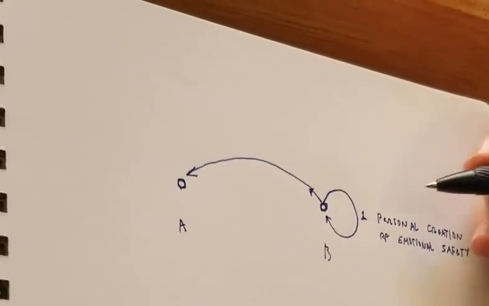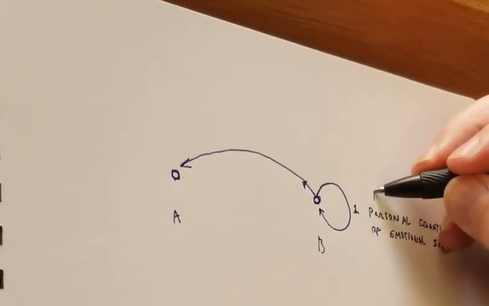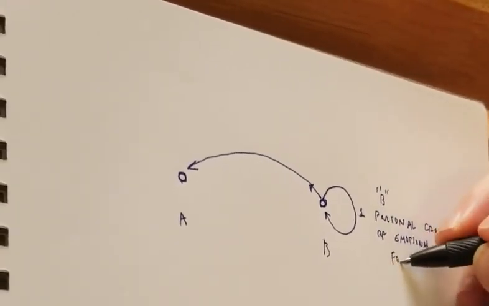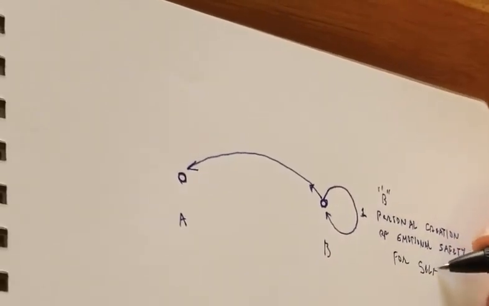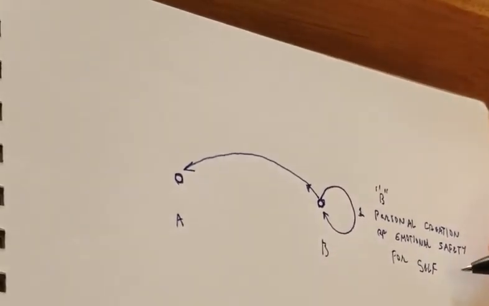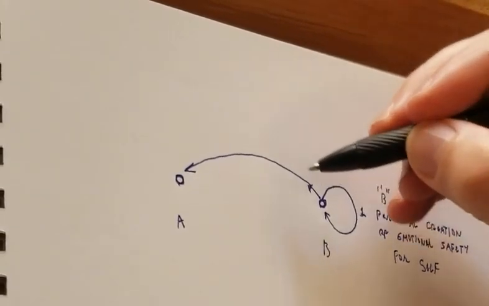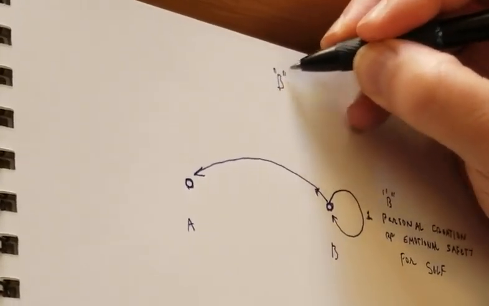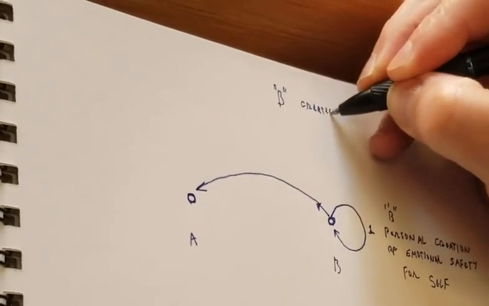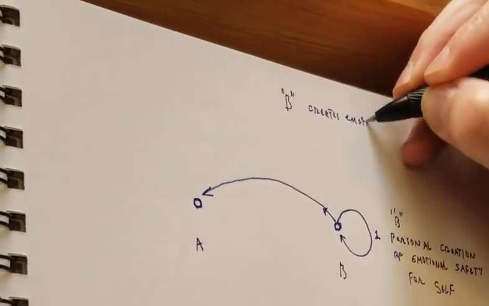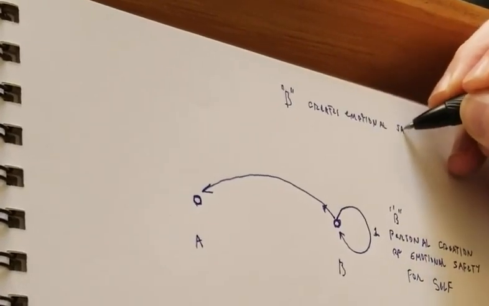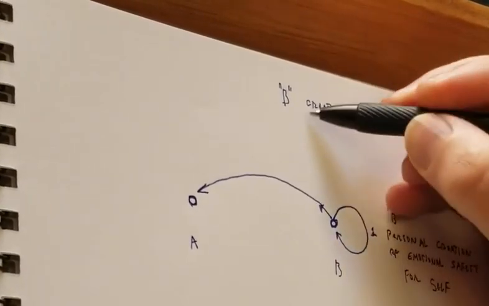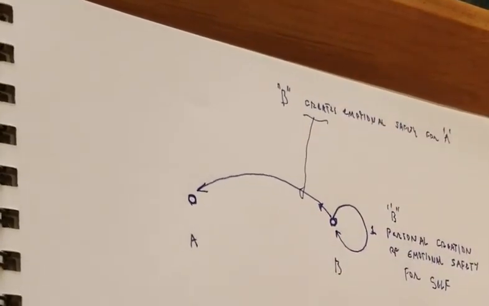B, personal creation of emotional safety for self. Which in this case is self B, right? But now we have the action of B creating emotional safety for A. So this is this arrow basically.